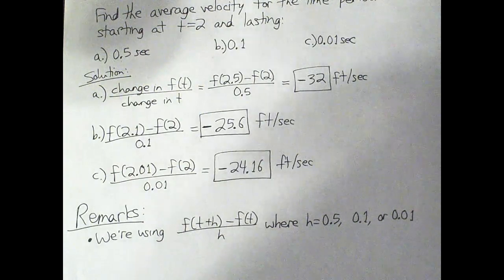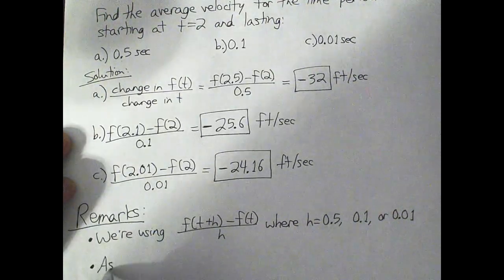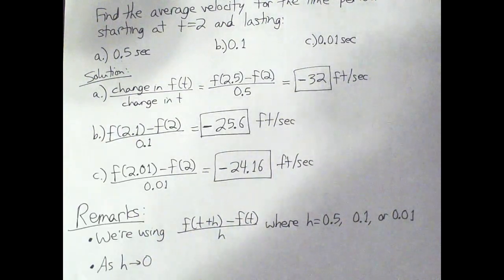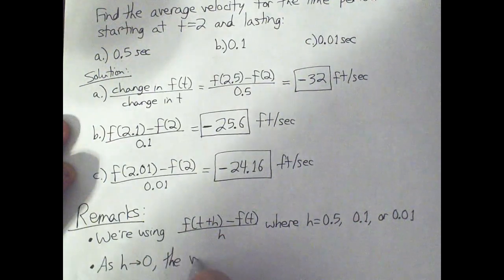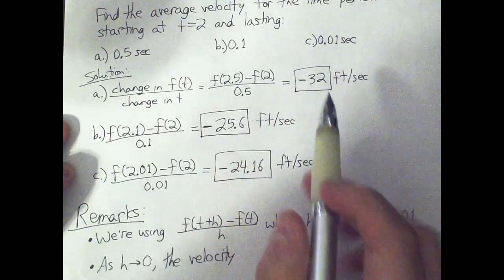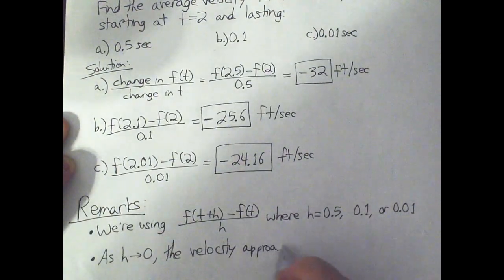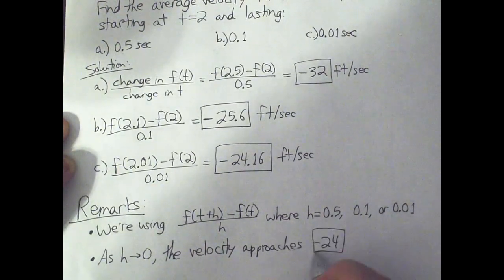The problem didn't really tell us to do that, but it was definitely letting h get very, very small. And I'm going to tell you that as h approaches 0, if we were to actually do the limit and let h approach 0, the velocity, meaning the answer that we get, approaches negative 24 feet per second.